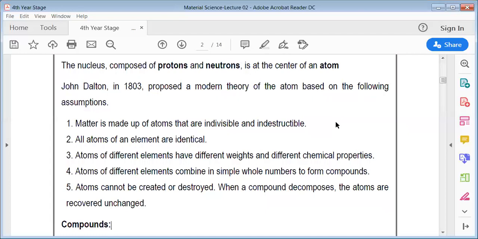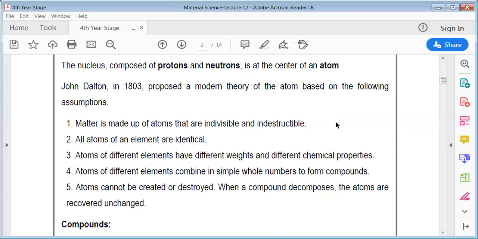Number two, all atoms of an element are identical. This could be correct in some way, and in another way not correct. Why is it not correct? Because most of the atoms of the same element have isotopes. And you know isotopes are the same element, they have the same proton number and the same electron number, but they are different in the number of neutrons.